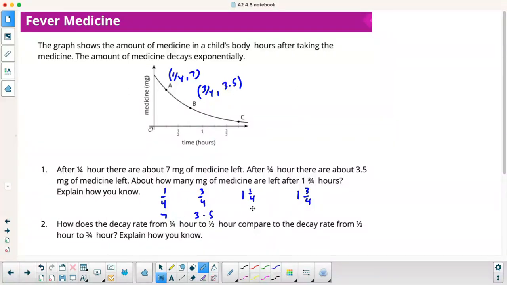So a half hour later here, if I times it by 1/2, I get 1.75. If I times it by 1/2 again, I get 0.875. So those would be my answers here. Okay, because you're just times it by 1/2 every time, every half hour increment.